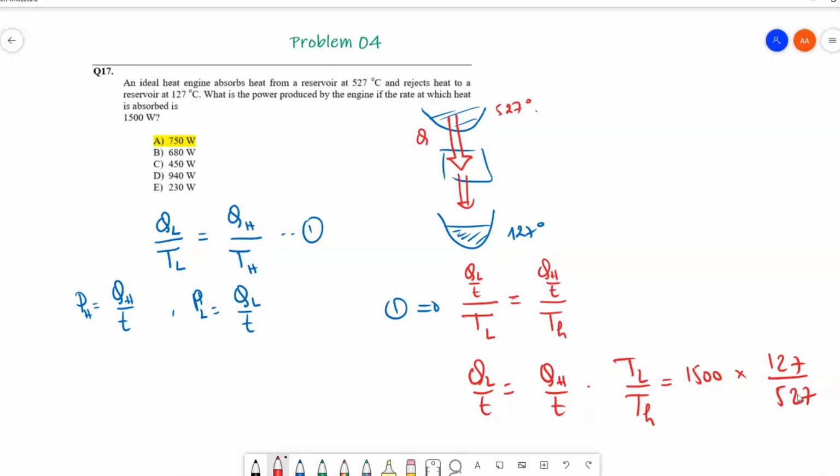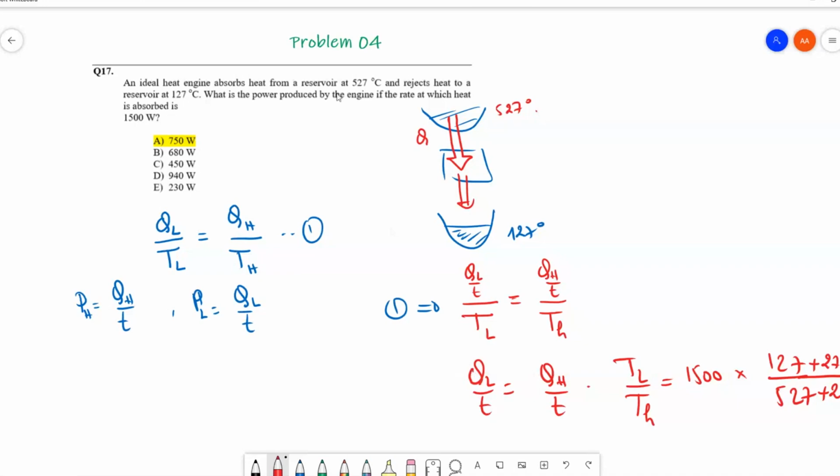Is this correct? Is there any mistake? No, it's affected to Celsius. Absolutely. So you need to work in Kelvin. You should not say degree simplifies with degree. So you need to work with Kelvin.